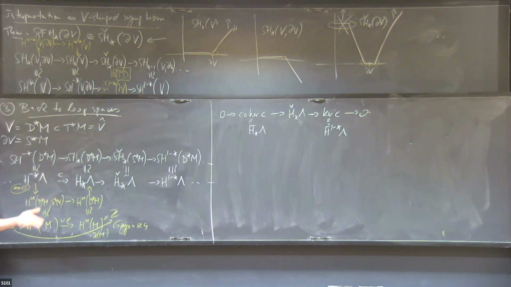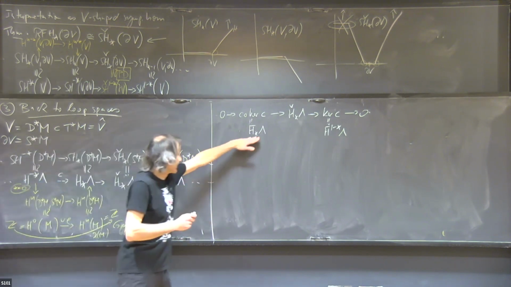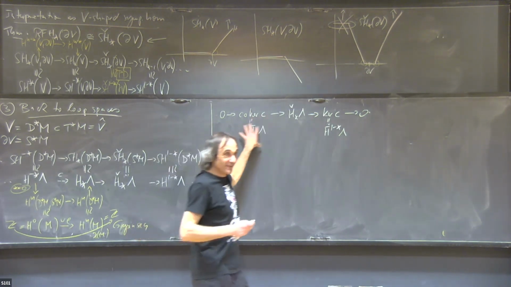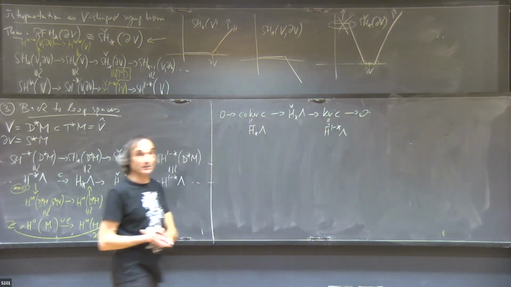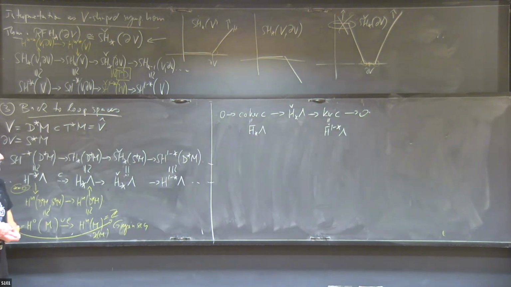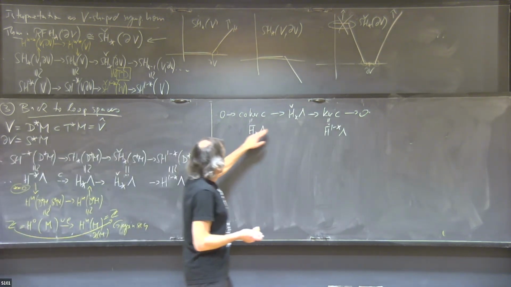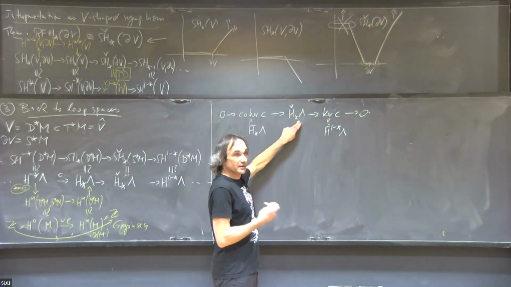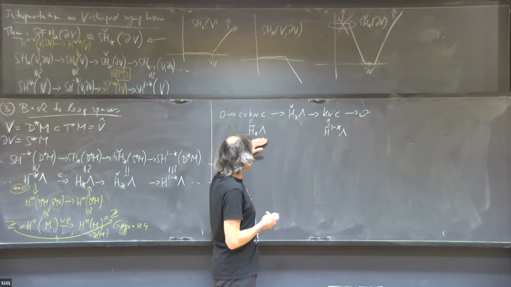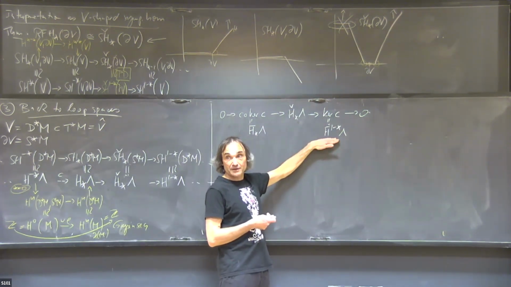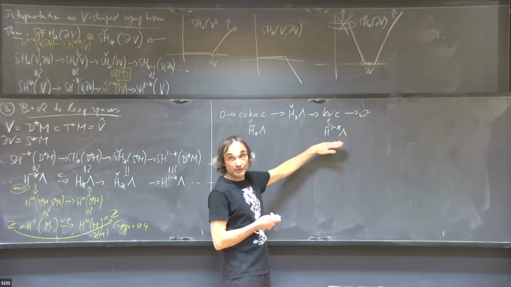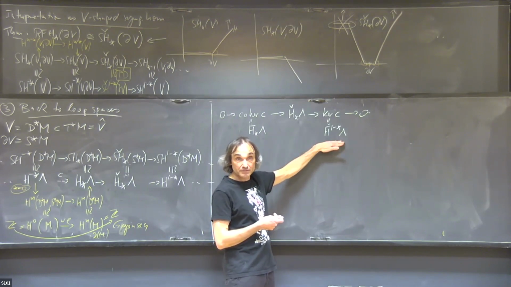Otherwise, we just mod out. So when we work with Z coefficients, we actually create some torsion here. So this is our adjusted version of reduced. Which means that this is roughly the direct sum of loop space homology and loop space cohomology, one sitting in the positive degrees, the other one sitting in the negative degrees.